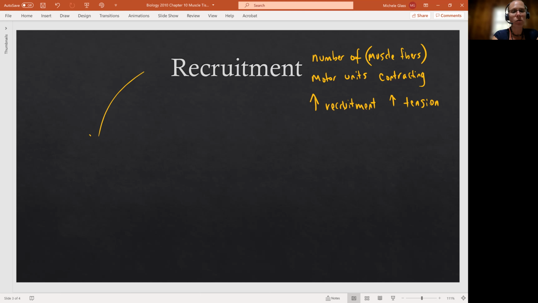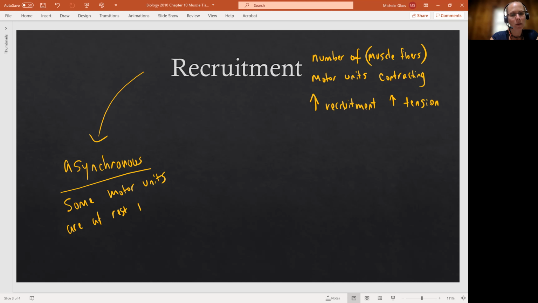What we see too with recruitment is what's called asynchronous recruitment. And so in this case, we see that some motor units are at rest while others contract.